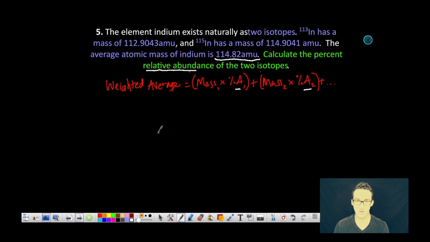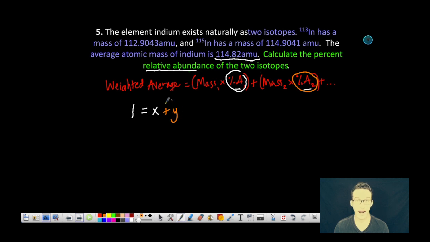Well, we're going to use the magic of algebra to help us solve this problem. First, we need to recognize that the sum of the percent abundances of all the isotopes has to add up to 100%, or one whole. All of the isotopes together has to equal this. So if I have X to represent the percent abundance of isotope 1, plus Y to represent percent abundance of isotope 2.